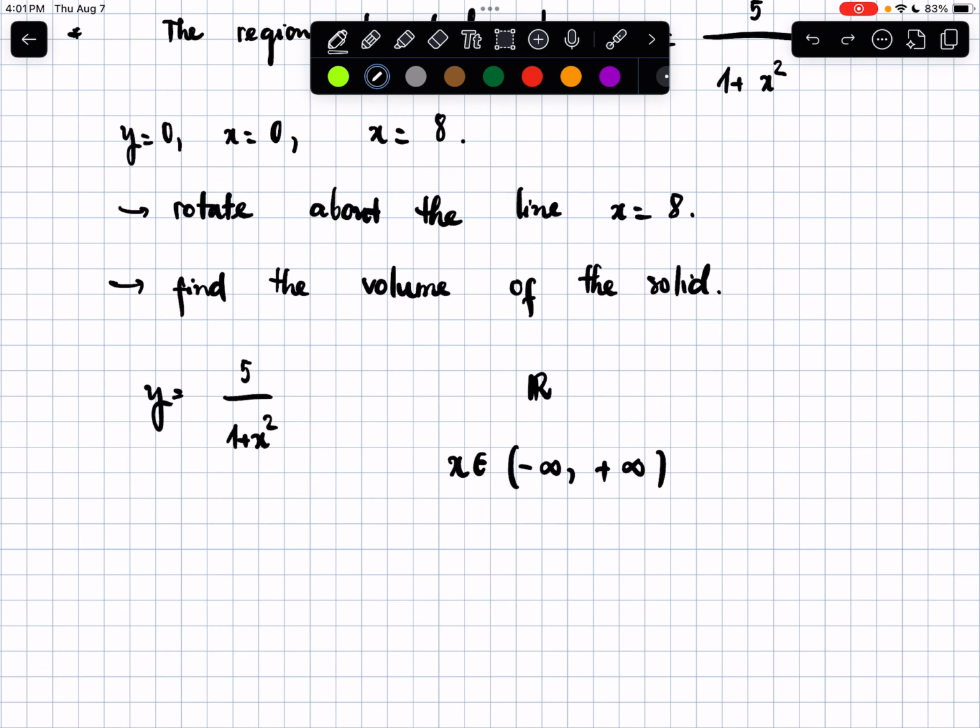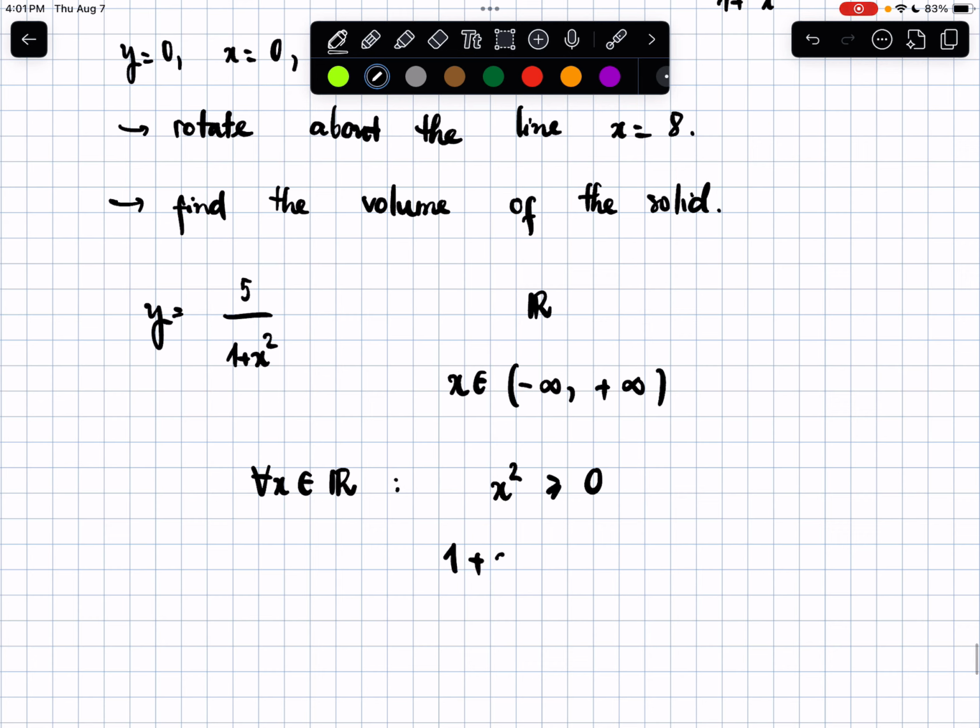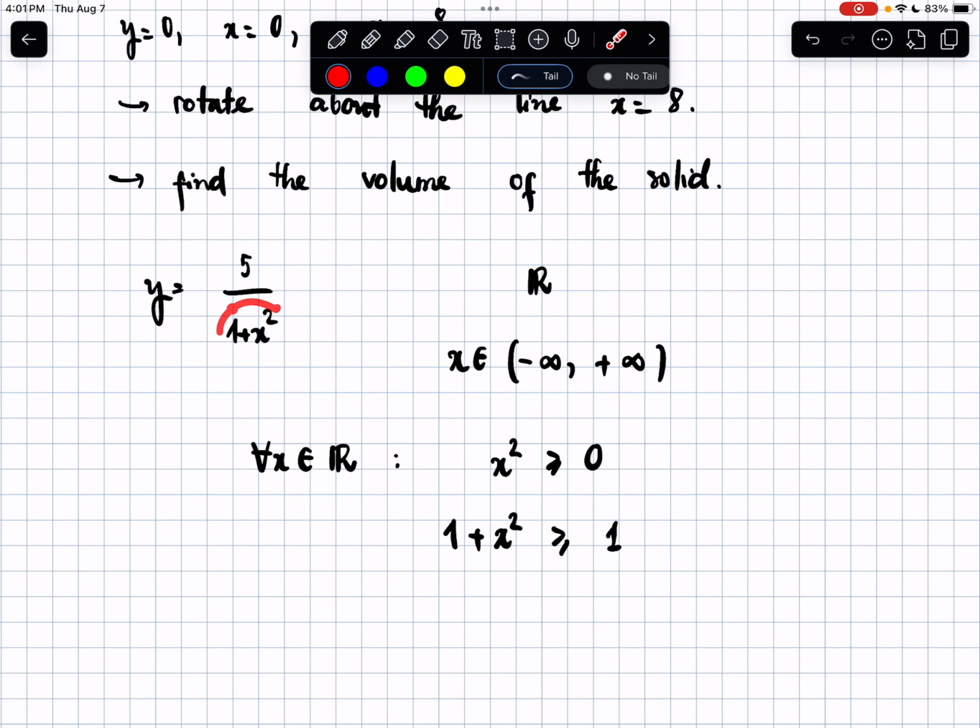We see that for all real numbers x, x squared is always greater than or equal to 0. This makes 1 plus x squared, the denominator, at least 1 for all values of x. So y is at most 5: 5 divided by 1 plus x squared is less than or equal to 5 divided by 1, which is less than or equal to 5.